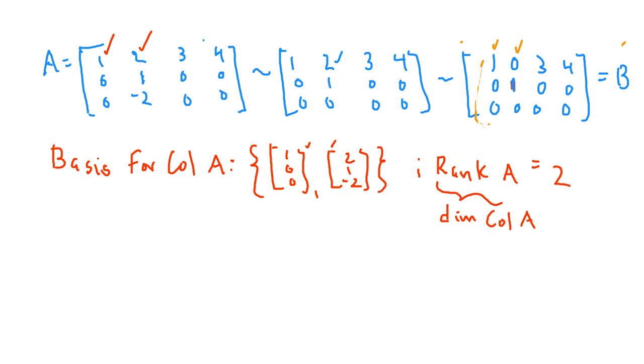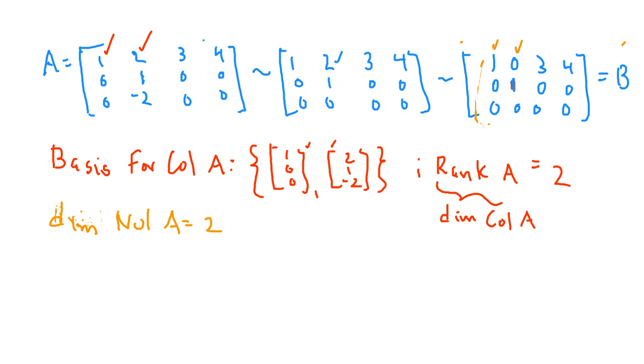Now, we haven't found the null space, but what would the dimension of the null space of A equal? That's right. Good, Bella. It would equal 2.